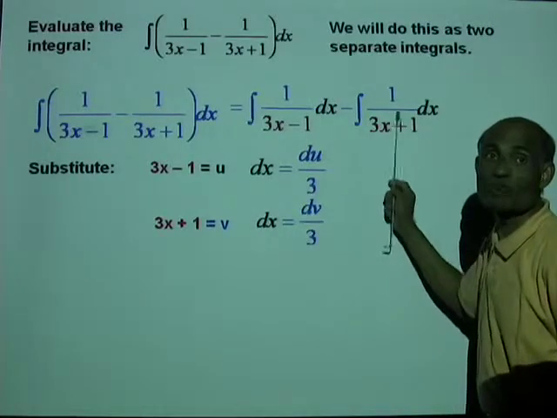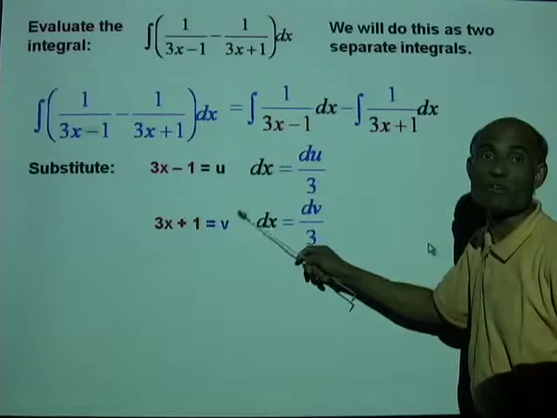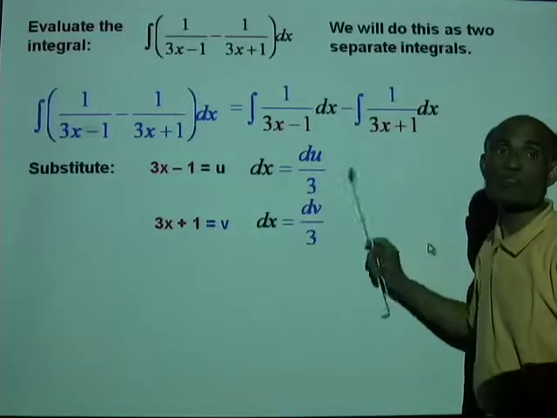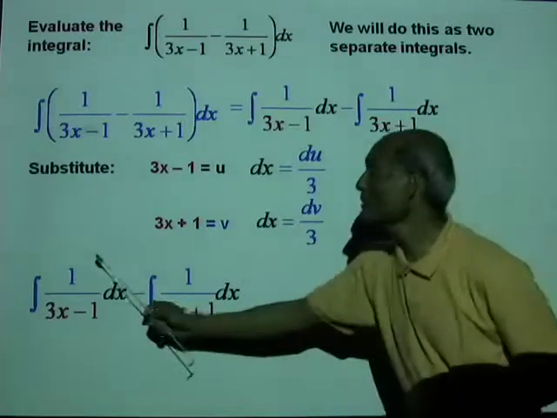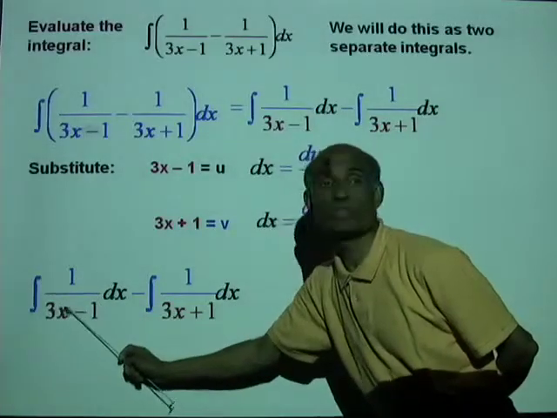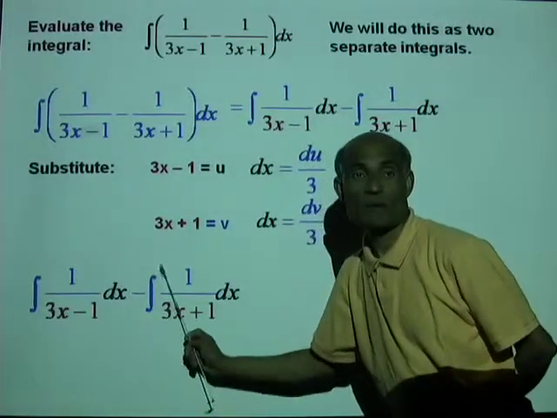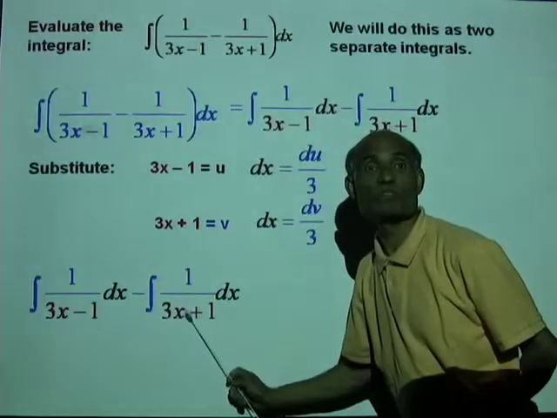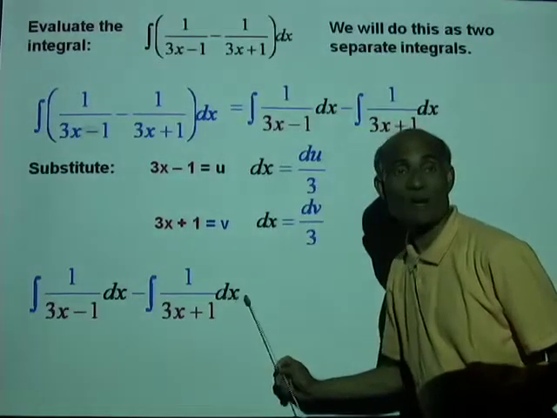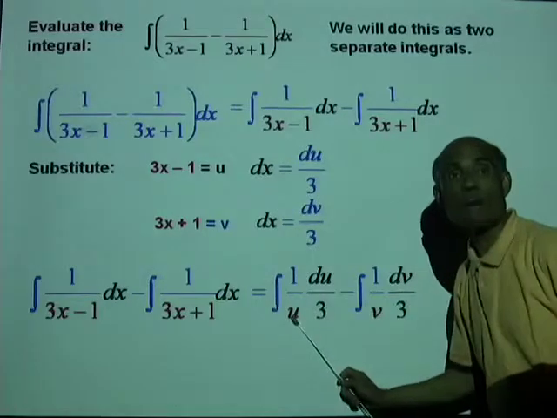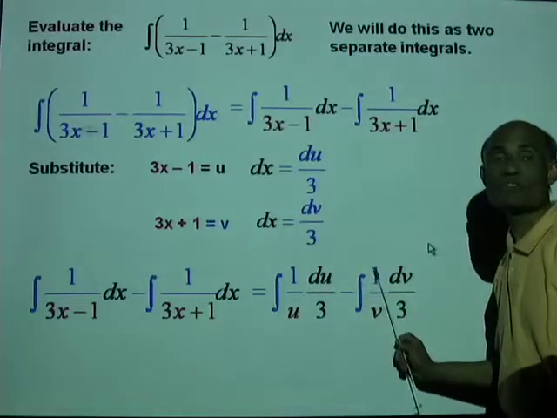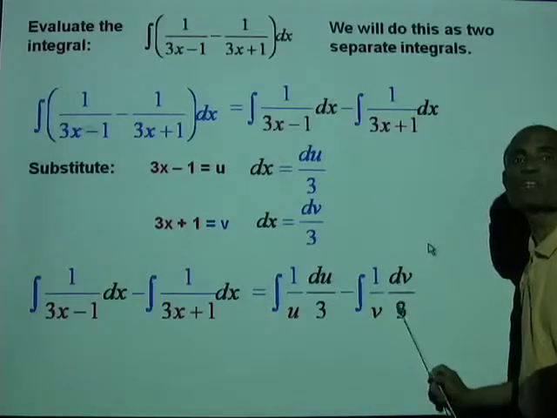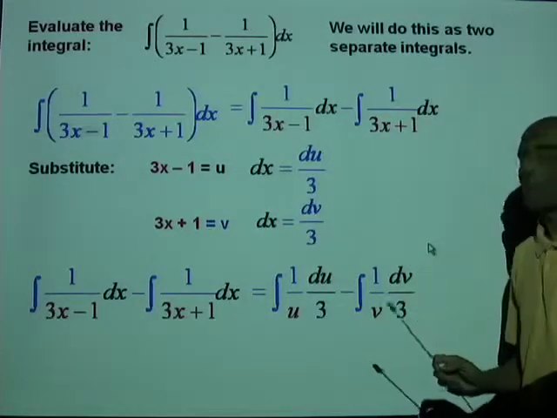Then 3x plus 1 will be replaced by v, and this dx will become dv over 3. And so the integral of 1 over 3x minus 1 dx minus the integral of 1 over 3x plus 1 dx now becomes the integral of 1 over u du over 3 minus the integral of 1 over v dv over 3.